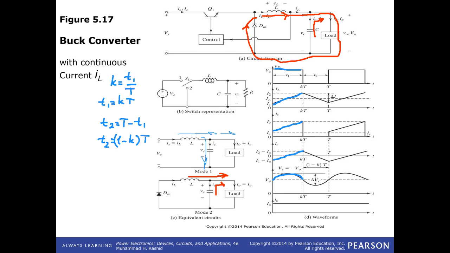Therefore, the supply is not giving current to the system, so that kind of inductance current is going to reduce linearly.